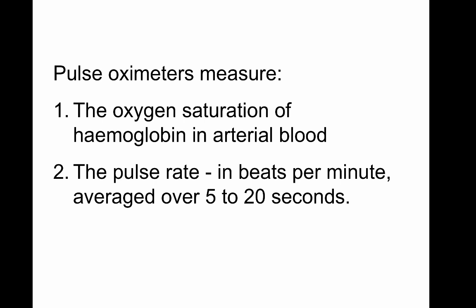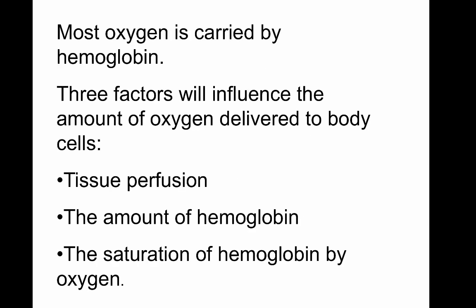First of all, what is the saturation of the arterial blood reaching the periphery, like on a fingertip, and what is the pulse rate? So it gives that data. It doesn't really tell us about oxygen delivery. It doesn't really tell us about oxygen consumption, but it does tell us the oxygen saturation of the blood reaching the periphery.